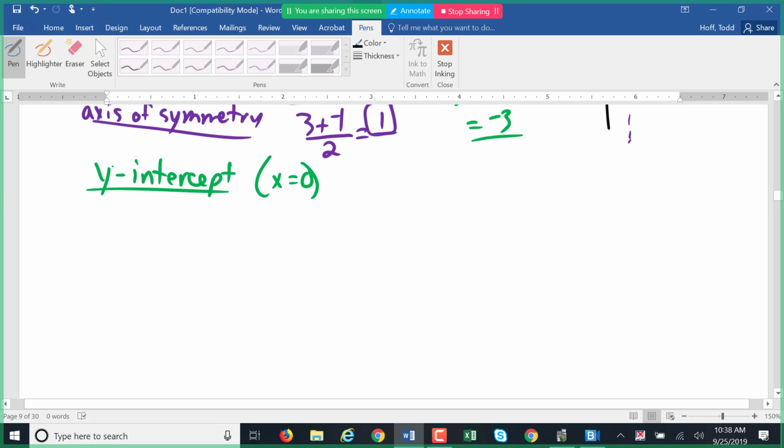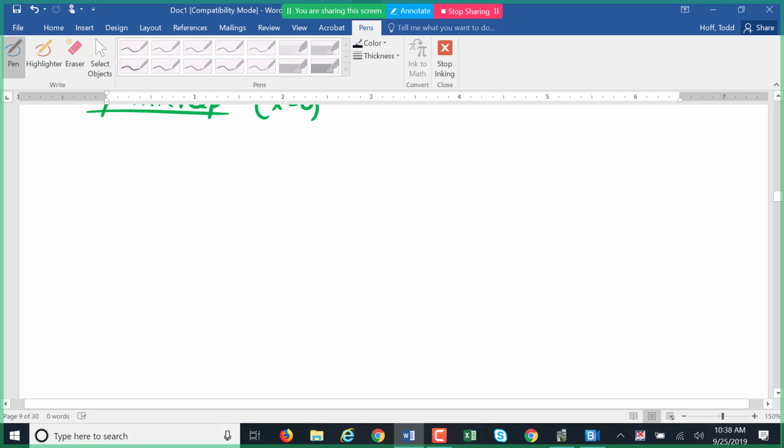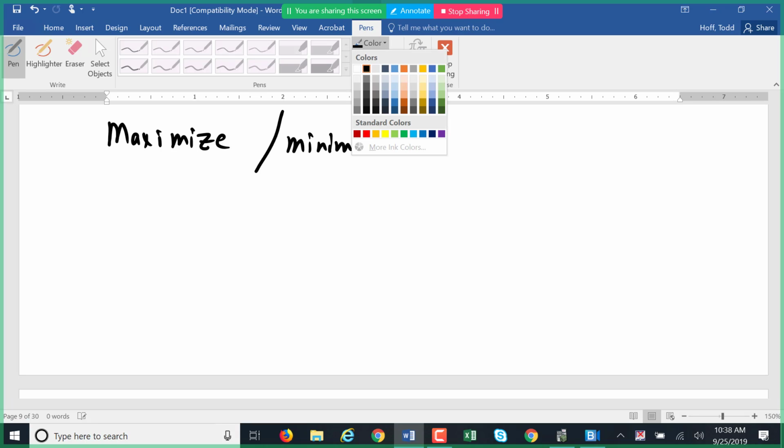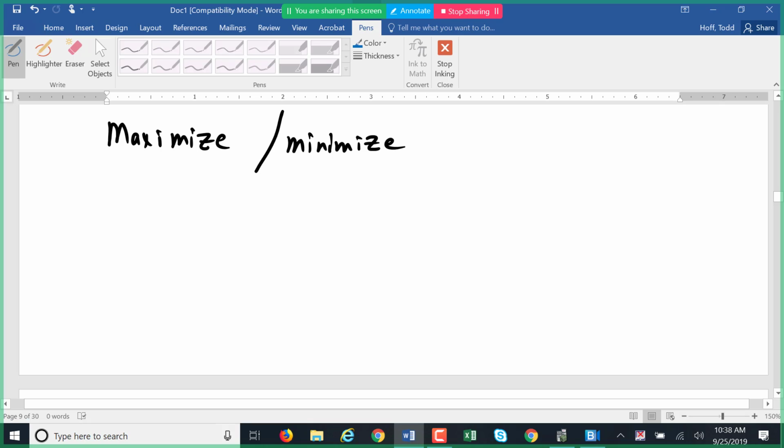So these quadratic equations are used for maximizing and minimizing. You might have your profit as a function of units produced or price. Let's do it as a function of price.